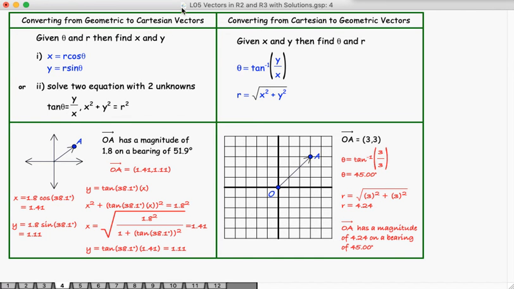If I give you a geometric form, so that means I'm giving you theta and r, which would be the magnitude, and an angle that describes that vector, then to find the x and y coordinates so that we can give algebraic form, the x coordinate is going to be r cos theta, and the y coordinate is going to be r sin theta. And these are just coming from your definitions when you did unit circle stuff.